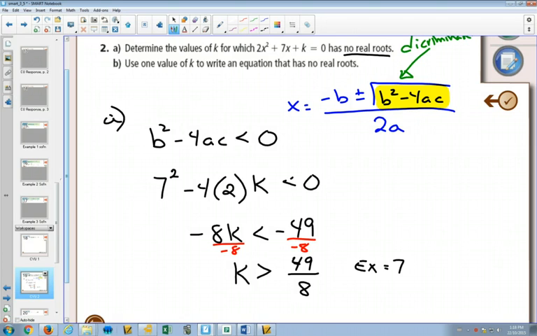So now it says use one value of k. We said for an example, we're going to use 7 to rewrite this equation so that it has no real roots. So we'd have 2x squared plus 7x plus 7 equals 0. And then if you did try to solve it now, you'll get a negative square root and find out there's no solution.